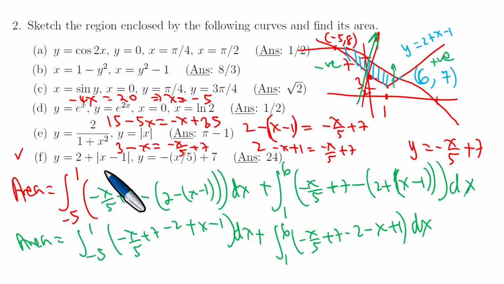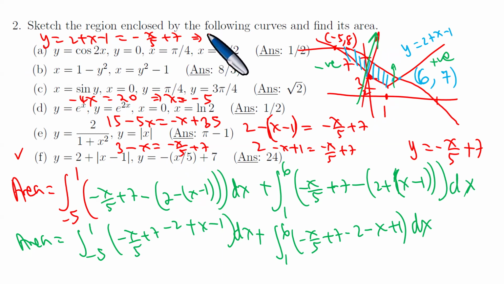When you get a minus 5, you put the minus 5 here. It's going to be exactly a minus 5 over that, which is actually 1 plus 7, giving us 8. That is correct. But for the other limit of integration, y is 2 plus x minus 1, which must be equal to minus x out of 5 plus 7.